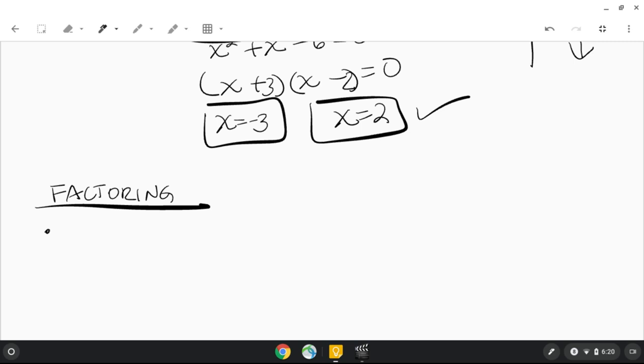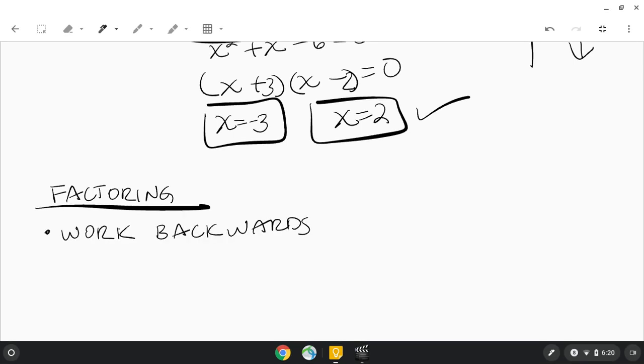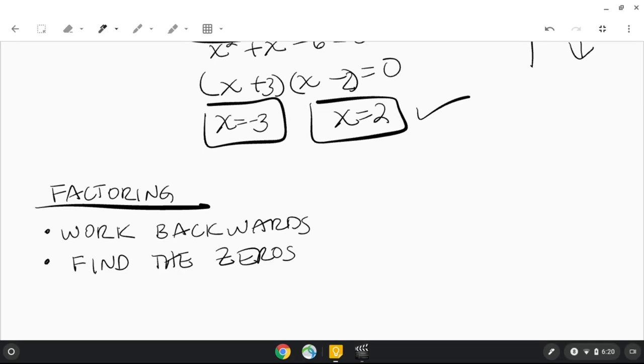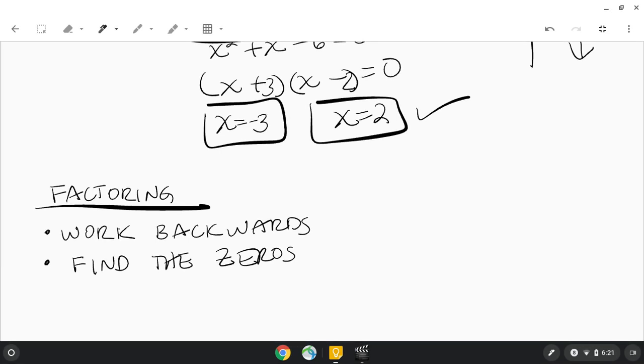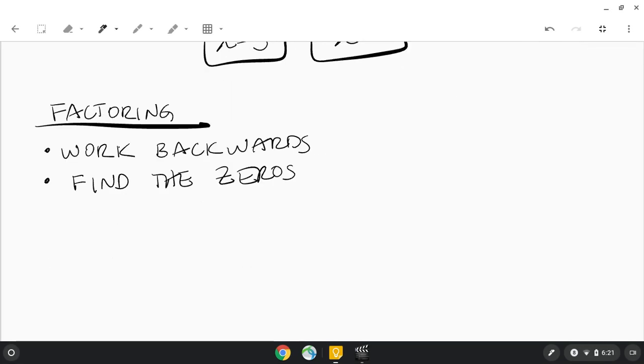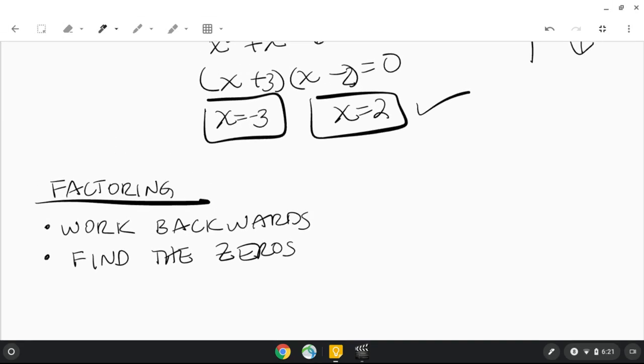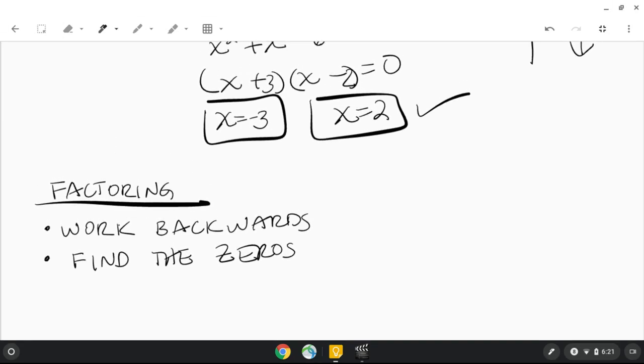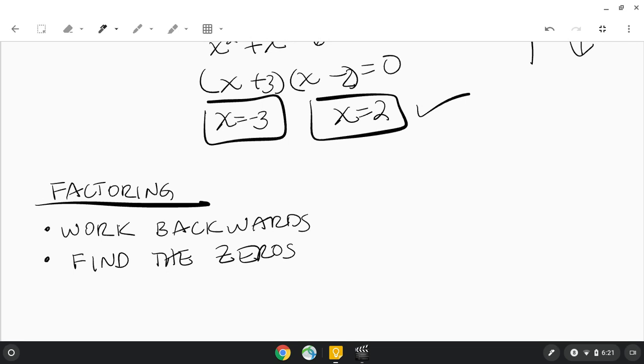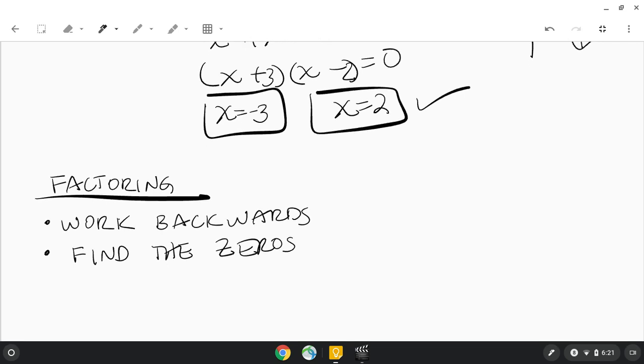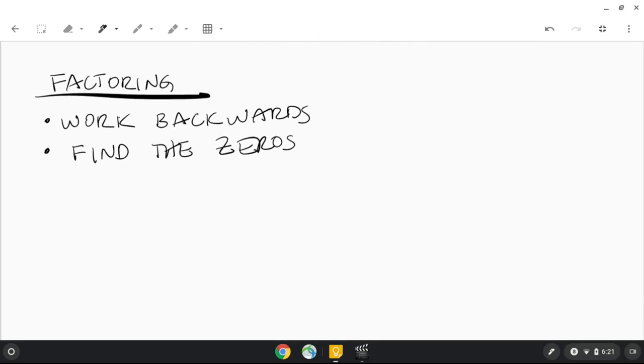So we are going to be working backwards. What I mean by that is find the zeros first. If you know the zero, like here, if x equals -3, then you know the factor it comes from. Just bring that -3 back with the x, so add 3 to both sides.